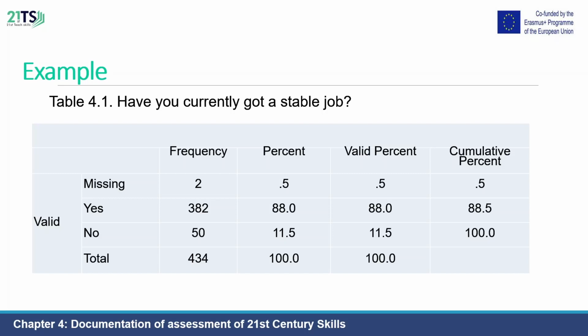From this table, you can see the number of people who answer yes and the number of people who answer no. And you can see how many people answer this question. And it can be calculated into the percentage or accumulated percentage. This table shows you about the statistic.